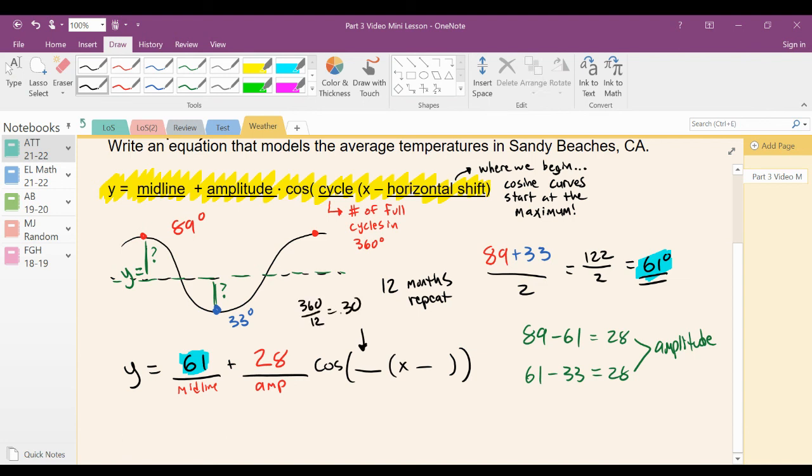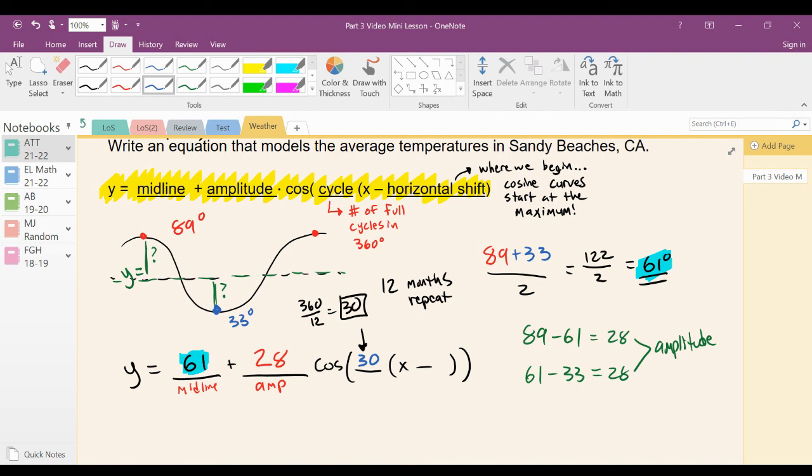And that number 30 will tell me exactly how many times this will go through a full cycle in 360 degrees. So that value 30 is going to go right into our equation because there are 30 complete cycles over 360 degrees.